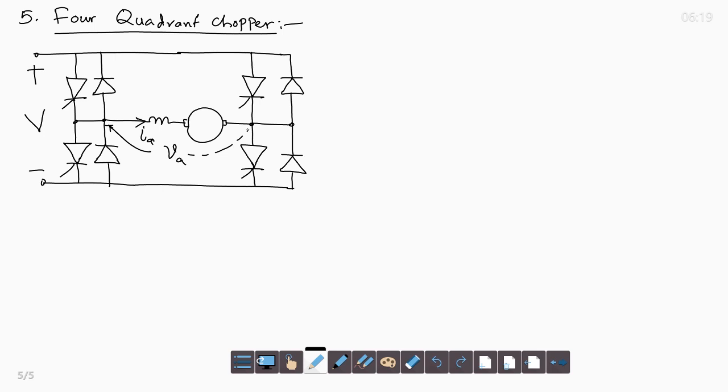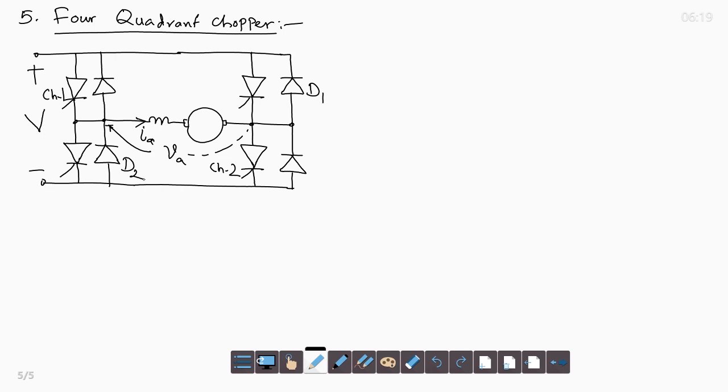So, you can see this CH1, CH2 and D1 and D2, they give reversible speed, reversible voltage with positive current, that we have just discussed in the previous slide. So, the previous chopper circuit consisted of CH1, CH2, D1, D2 as marked.